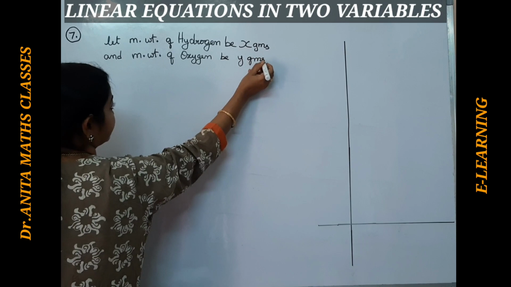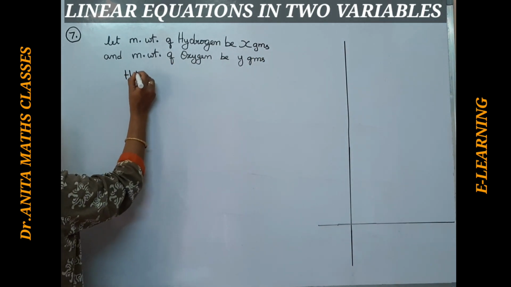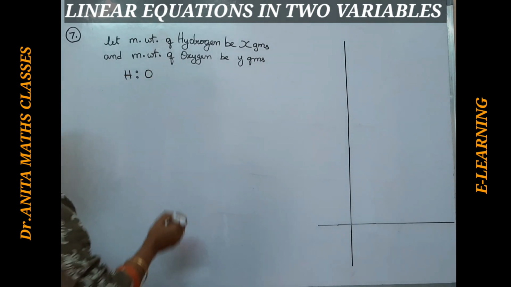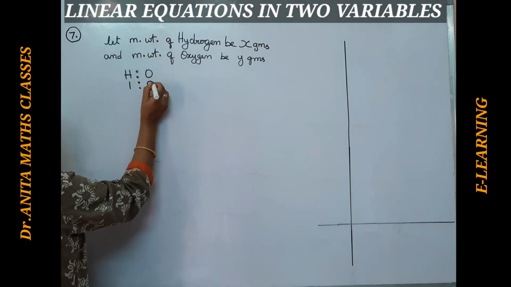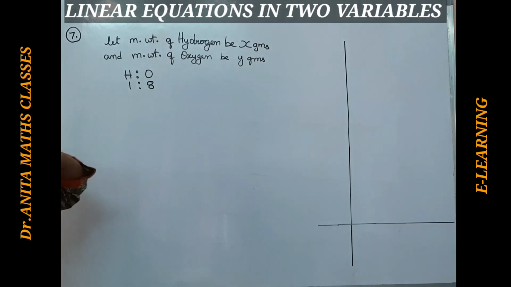And the ratio of the molecular weights of hydrogen to oxygen is also given as 1:8.